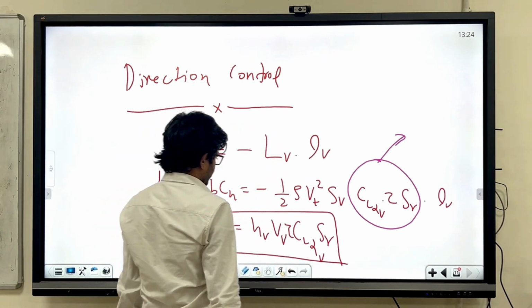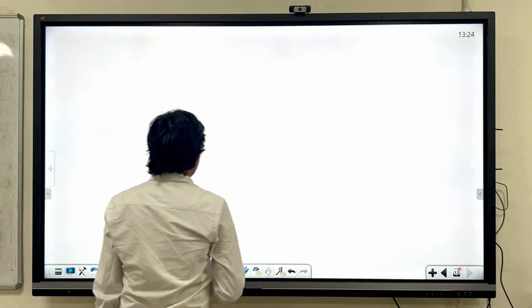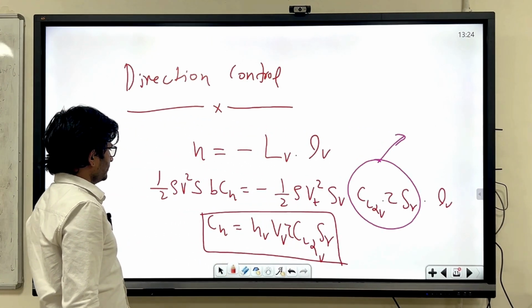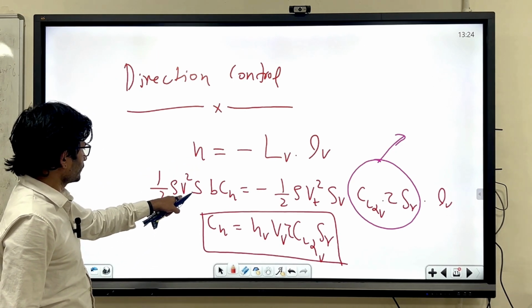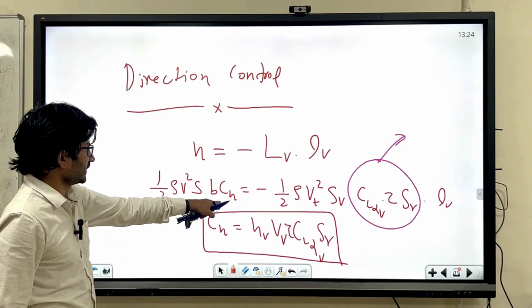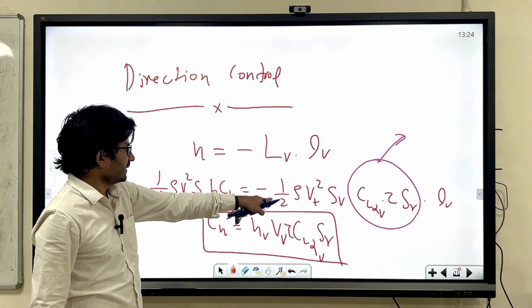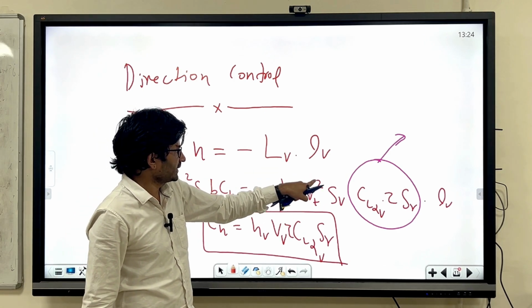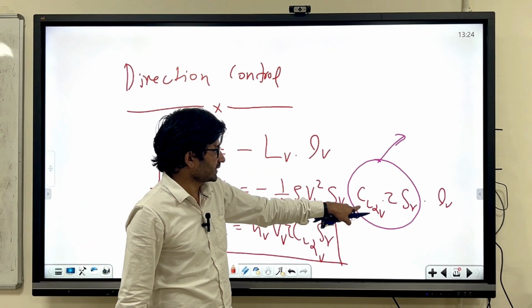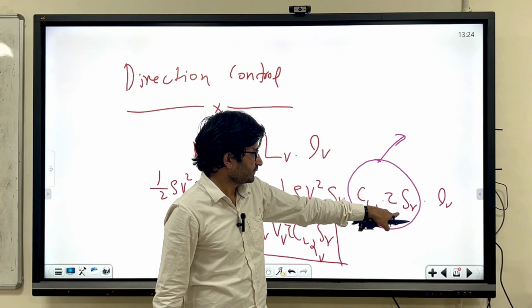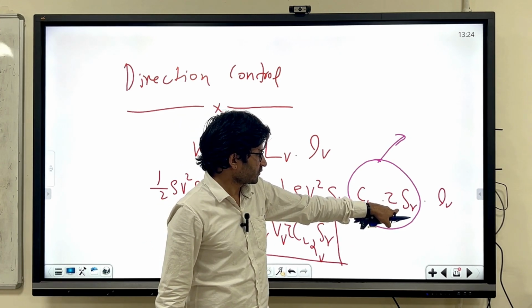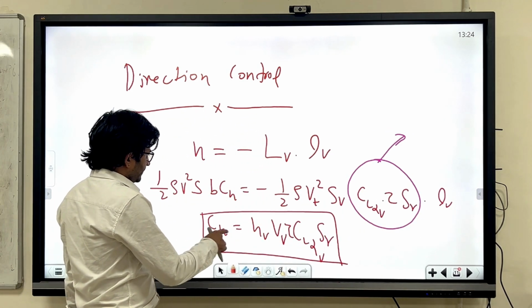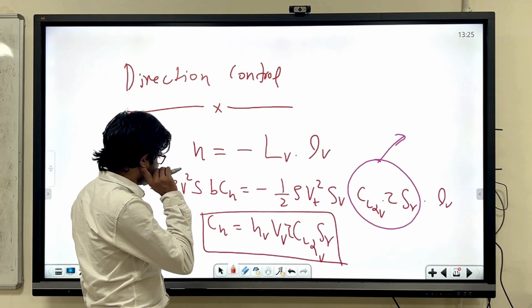Now differentiate with respect to delta R. Please note down this. I have written yawing moment as half rho V square S b into C_n, where C_n is the yawing moment coefficient, and then minus half rho V_T square S_V. I have just expanded the l_V, and then the lift coefficient I have written in terms of control surface deflection, and then into l_V divided by half rho V square S b.